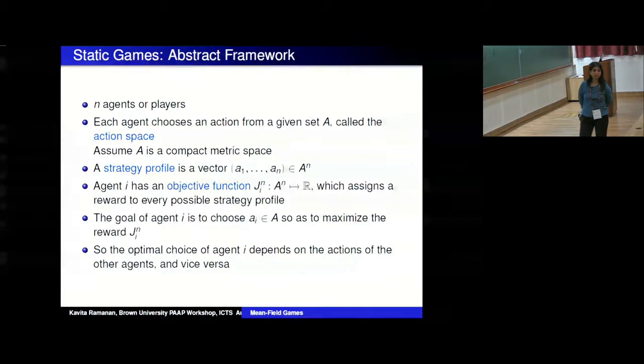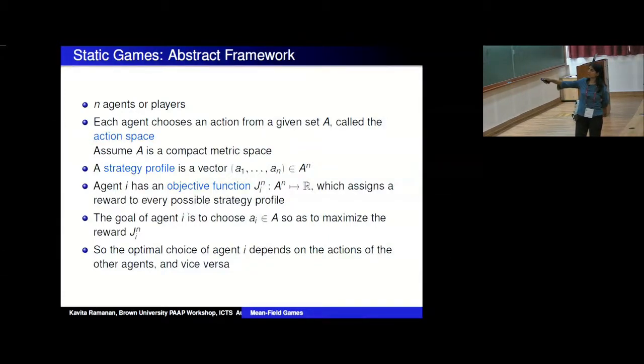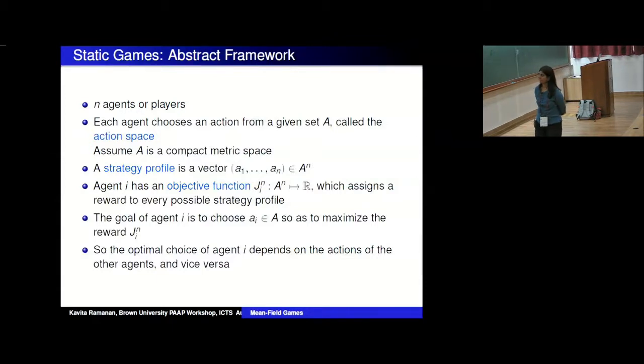And the goal of agent i is to choose its action so as to maximize J_i. It sees the actions of the other players and knows what the J_i function is. Of course, in some cases, it may be more natural to say minimize, for instance in congestion, but you just put a negative sign on the reward. So I'll just say maximize throughout.